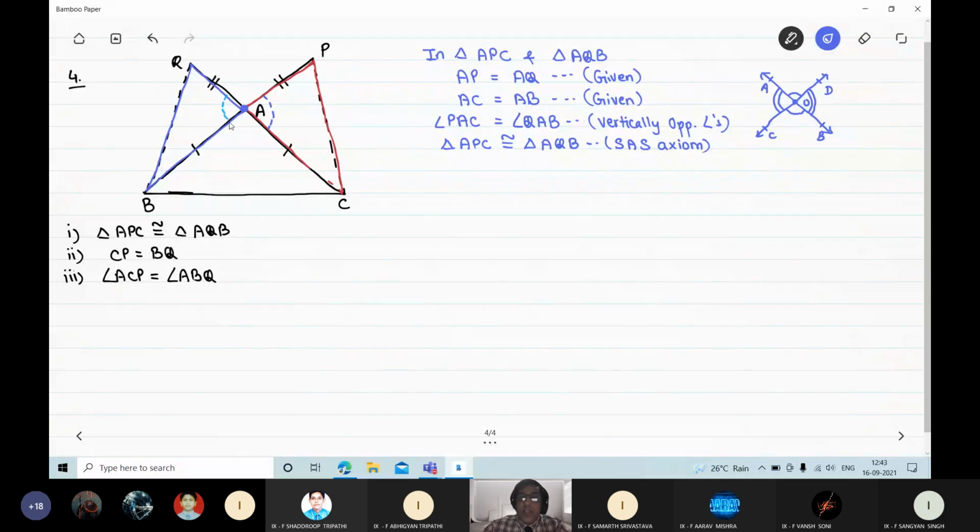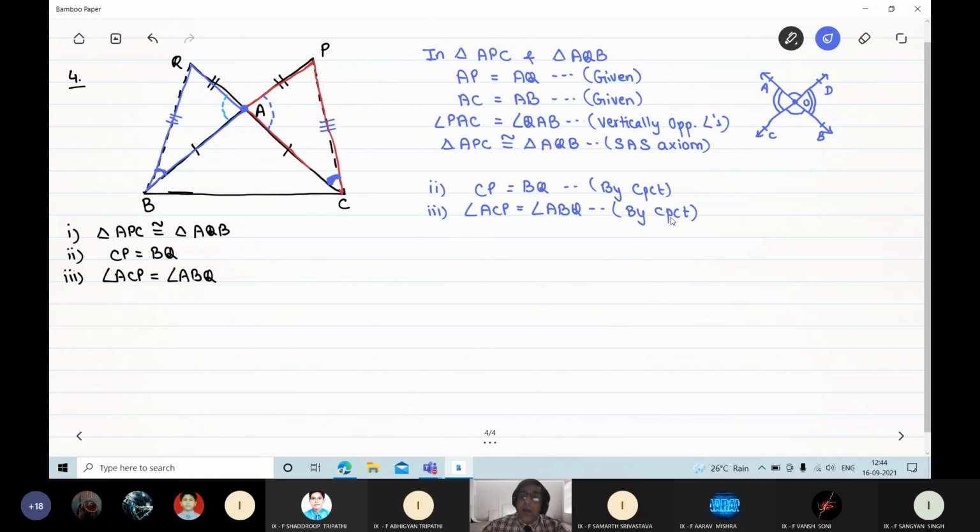Now that these two triangles are congruent, for the second part I can directly say that CP will be equal to BQ by CPCT, the corresponding parts of congruent triangles. I can also say that angle ACP will be equal to angle ABQ, again by CPCT.